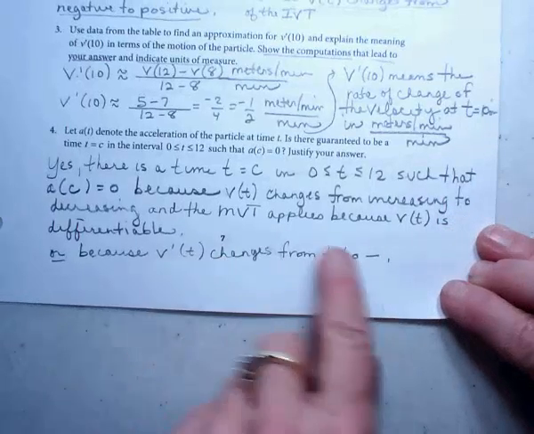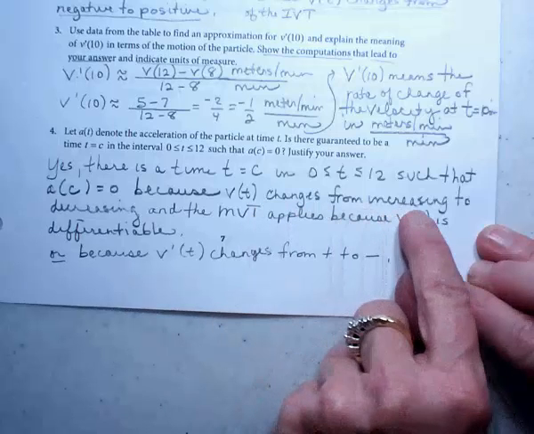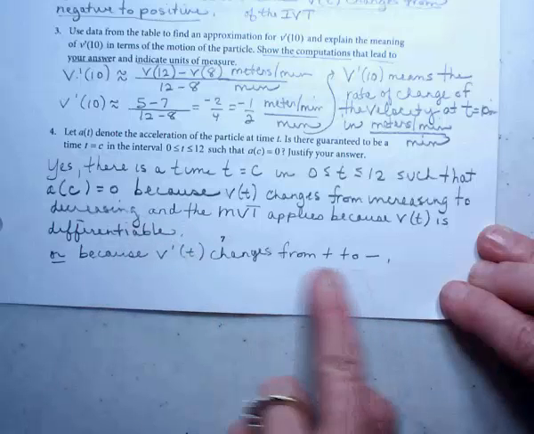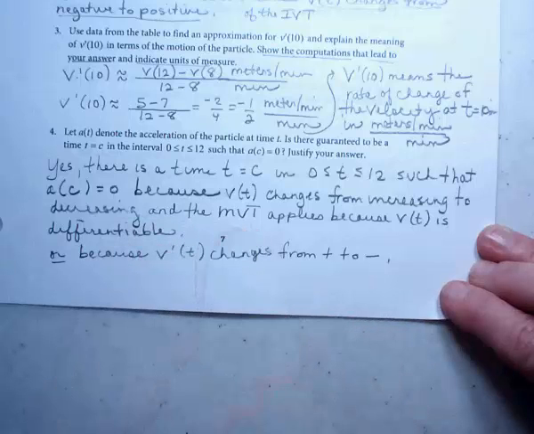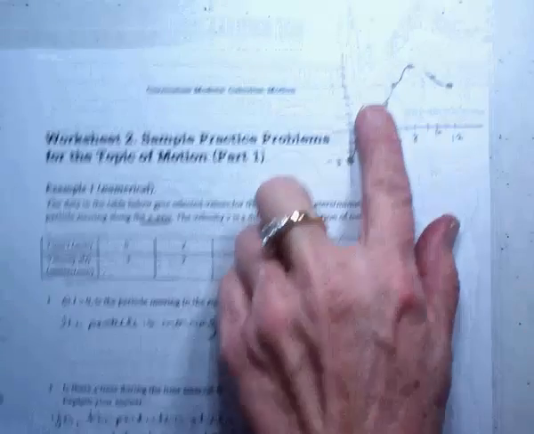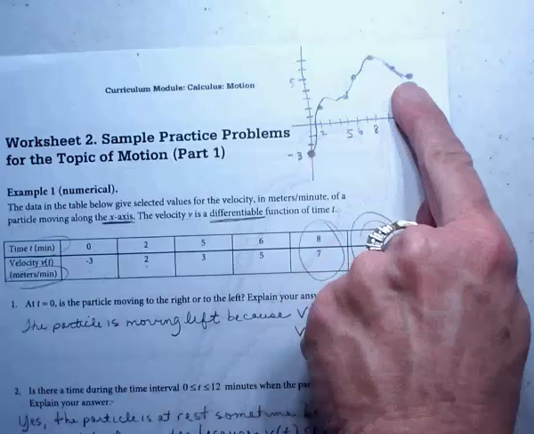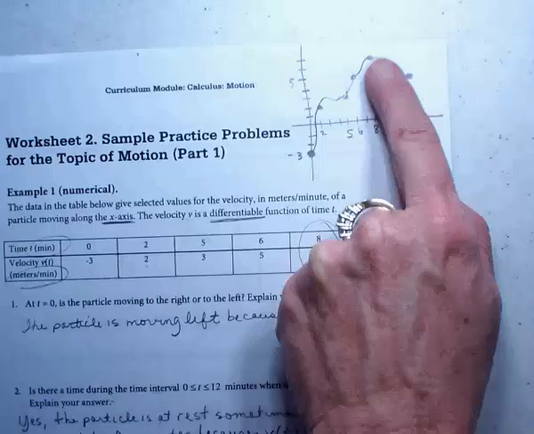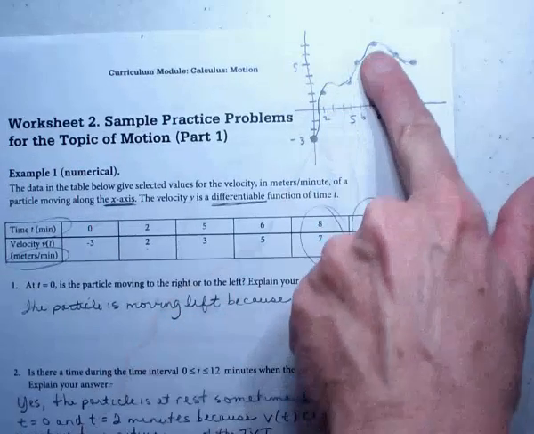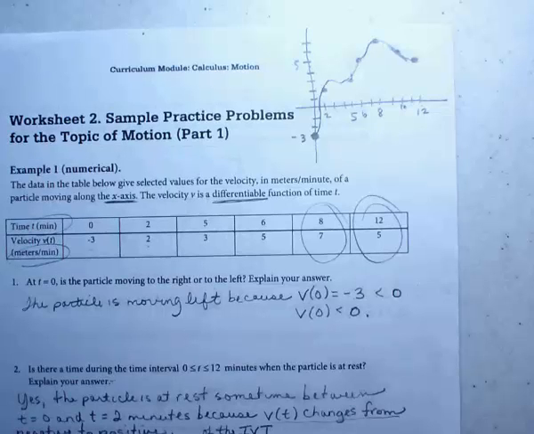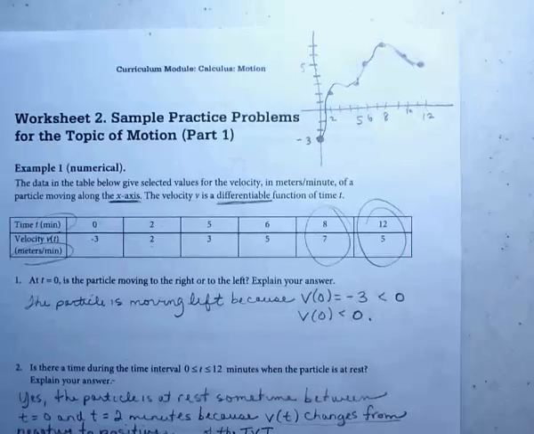And that's just another way to say that the velocity graph itself changes from rising to falling, increasing to decreasing. So this would have been acceptable too. You could have avoided the mean value theorem as long as you somehow indicate that the velocity graph is increasing and goes to decreasing, and it's differentiable. Okay, you would get the point there. Or you can say that the slopes change from positive to negative, indicating on this differentiable function that you have a relative extremum, which is a zero slope too there.